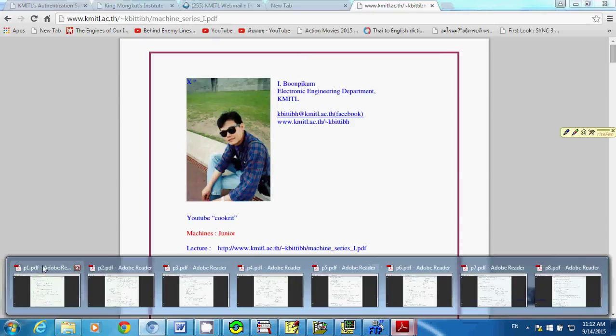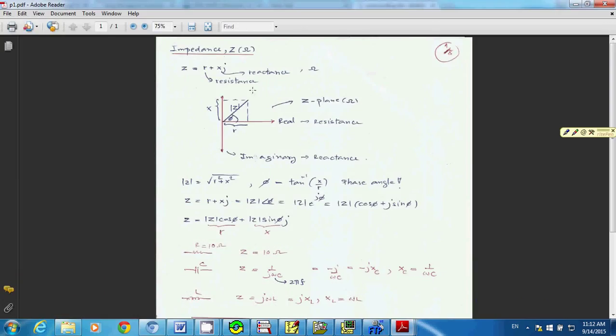Okay, what I'm going to do today is I'm going to start talking about our impedance, just to give you a general idea, and you don't have to memorize anything, and you have to get your understanding about what's going on. So I'm going to talk about impedance, and then I move along with the voltage, the current when you have your electronic components in the term of resistor, capacitor, and inductors.